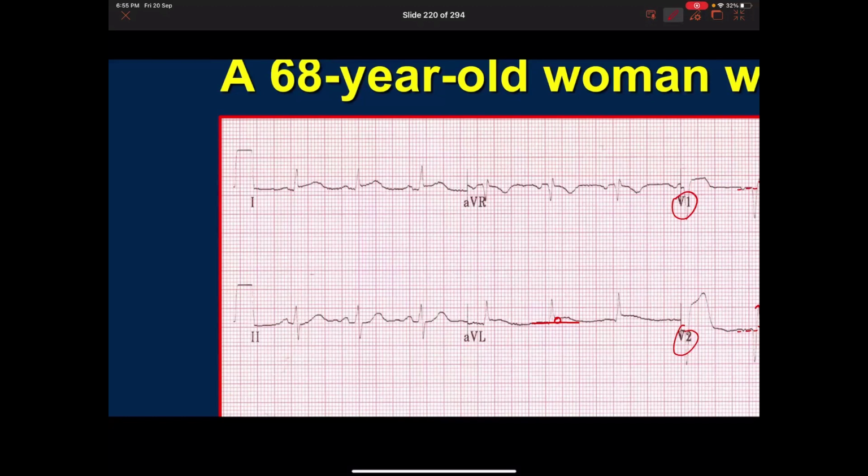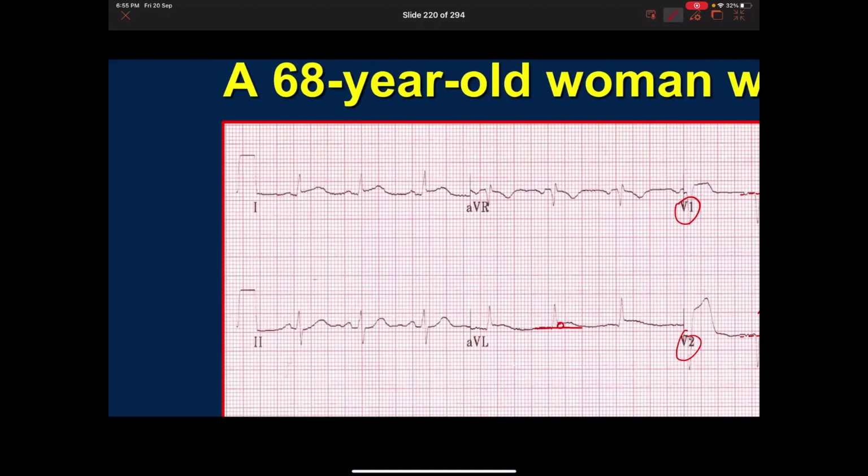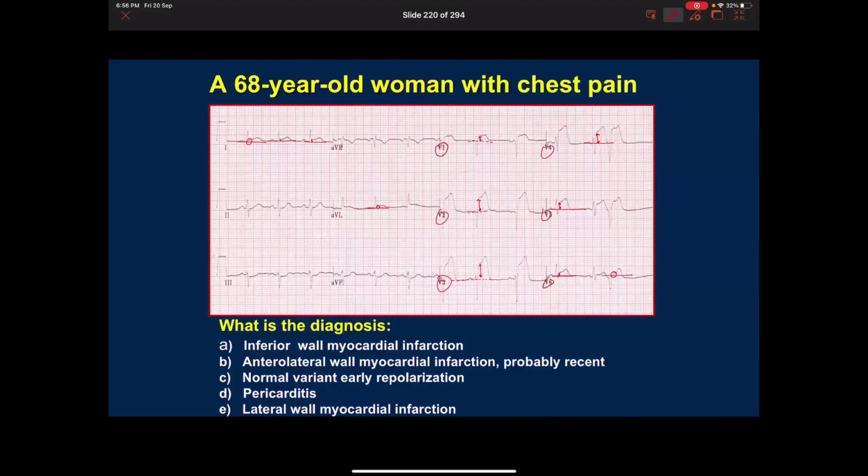So if you can see, this is the line. It's elevated here. Okay, there's a space here. So you have lead one and AVL. One and AVL means which side of the heart? Lateral, right?